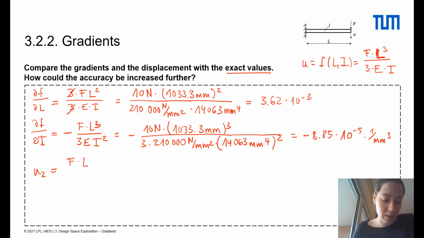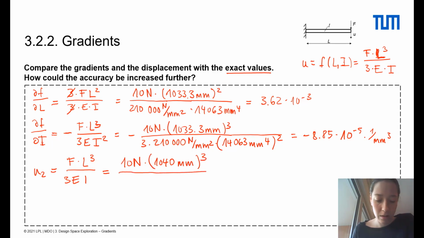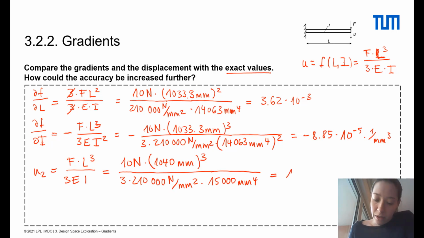So we know F times L to the power of 3 over 3EI, and that's 10 times, now we have L at x2, which is 1040 millimeters over 3 times E times I, which is 15,000 millimeters to the power of 4, and then we get 1.19 millimeters.